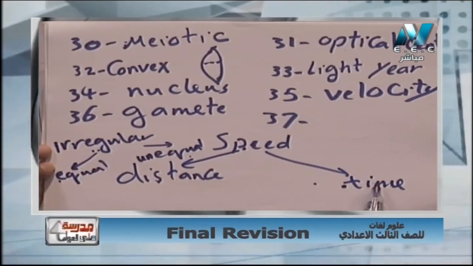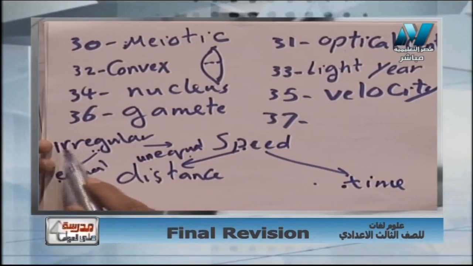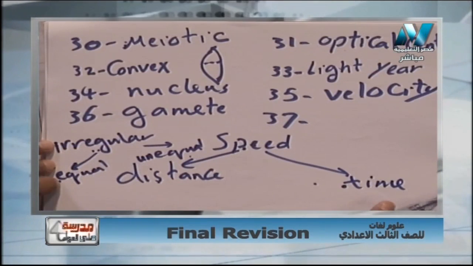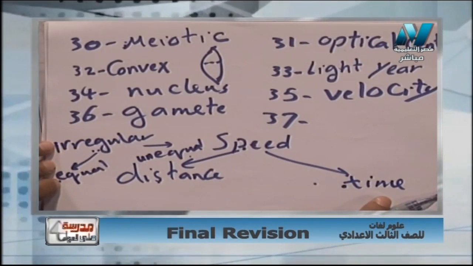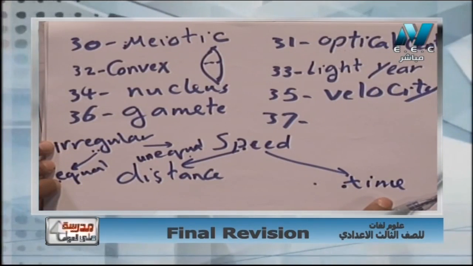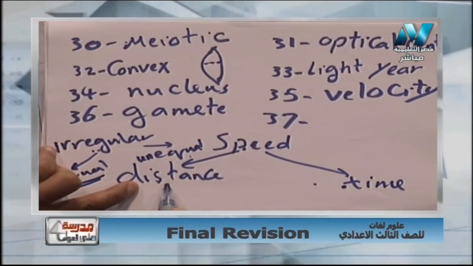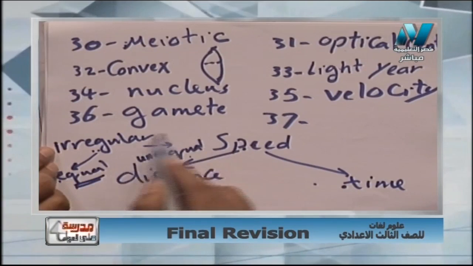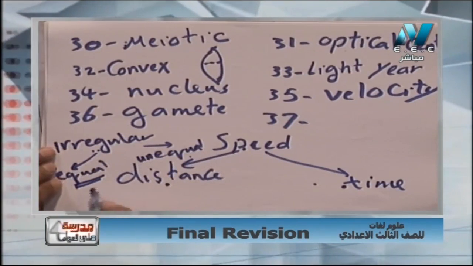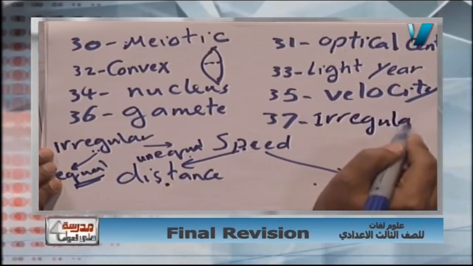Speed means distance and time. Regular means the two are equal. But irregular means one of them is equal and the other is unequal. So let's return to question number 37. The speed when the body covers equal distances but in different times will be irregular speed.